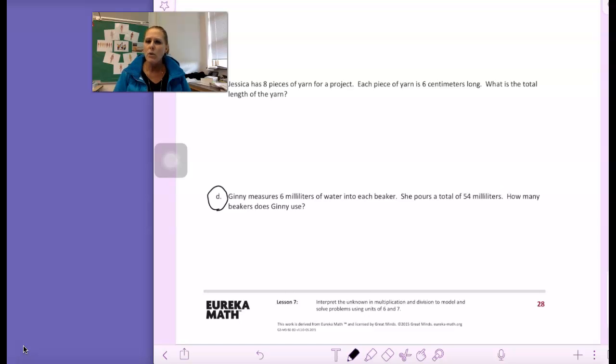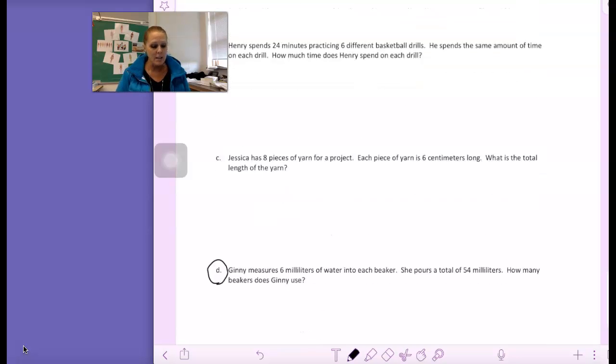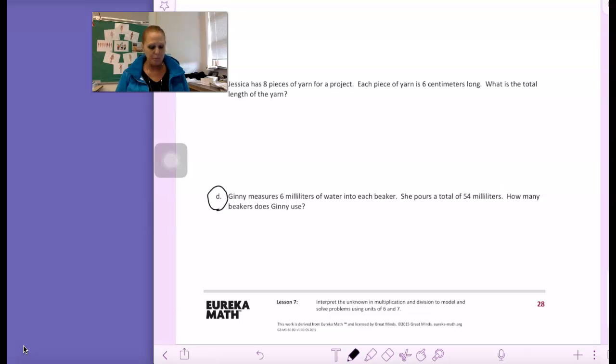She pours a total of 54 milliliters. How many beakers does Ginny use? Now, the directions say model each problem with a drawing. Then we need to write an equation using a letter to represent the unknown and solve for the unknown.